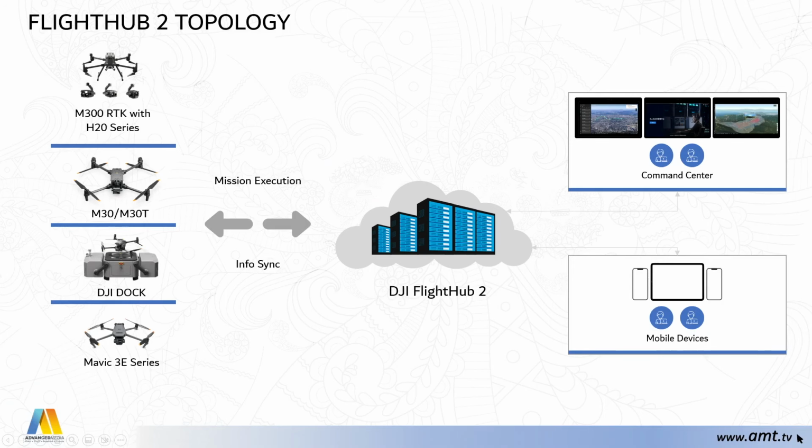The drone will transfer the data directly to a cloud storage from DJI. Then you will be able to see this data, whether it's photos or videos, or even a live stream, from the office, from the command center, or even from your mobile devices or iPads, for example.